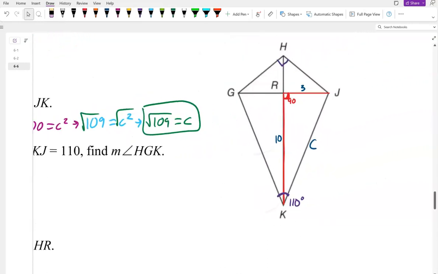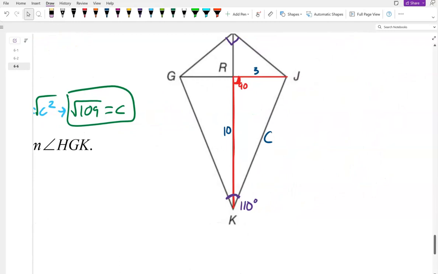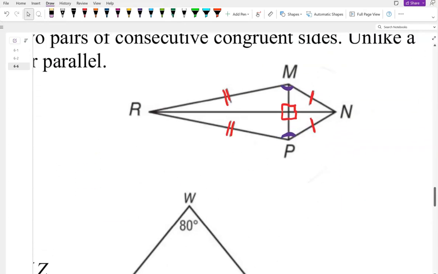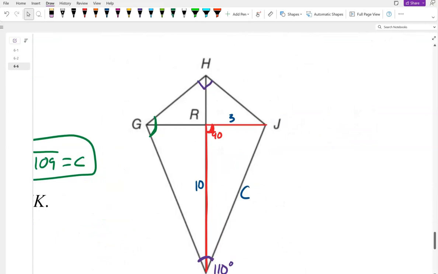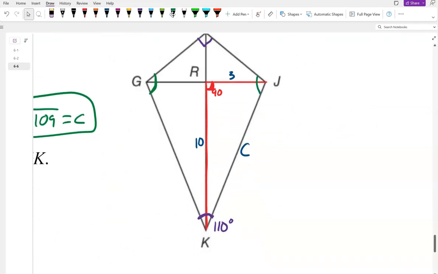They want to know what is the measure of HGK. So HGK would be this angle right here. Okay, well if I remember anything about that angle from my model up here, that means that that angle is also the same as this one. That's on the opposite side, right? Those two angles are equal to each other.